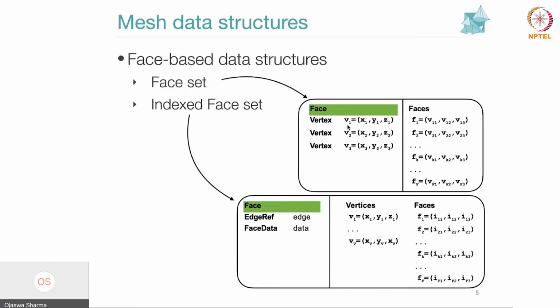Looks like a horrible data structure because the topology is completely lost. There is no graph information here. All I'm storing is a collection of faces separately. And sometimes this is referred to as a triangle soup. I can write that here.